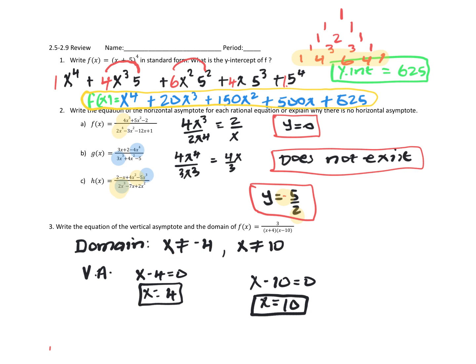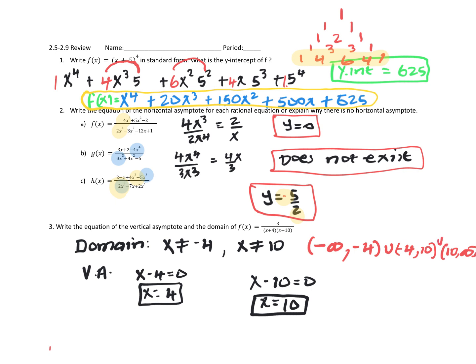So the domain is all real numbers except -4 and except 10. So another way of writing this would be from -infinity to -4, and then union, then you go from -4 to 10, and then from 10 to infinity.